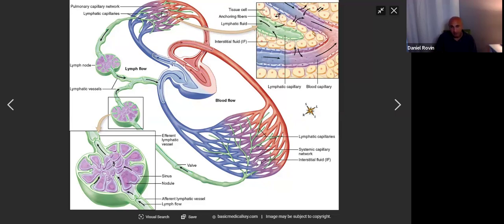There have been studies that have shown that the lymphatics may be picking up more than 10%.